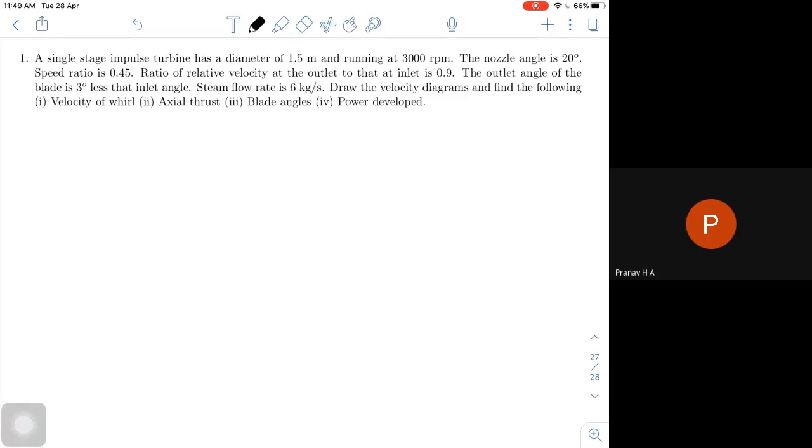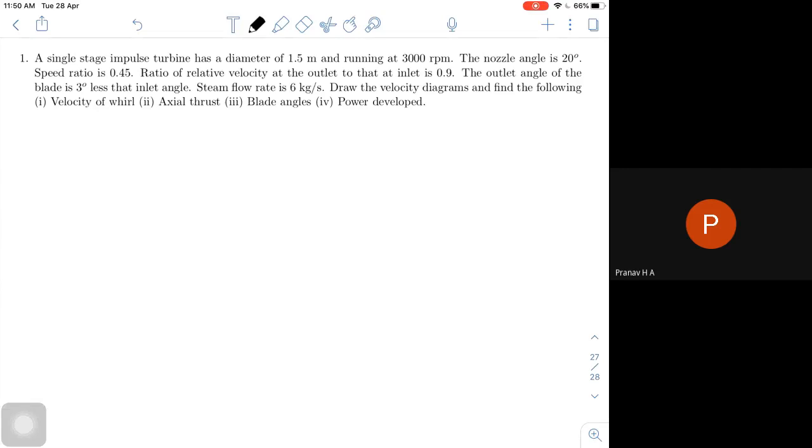The outlet angle of the blade is 3 degrees less than the inlet angle. Steam flow rate is 6 kg per second. They are given the mass flow rate. Draw the velocity diagram and find the velocity of whirl, axial thrust, the blade angles and the power developed.